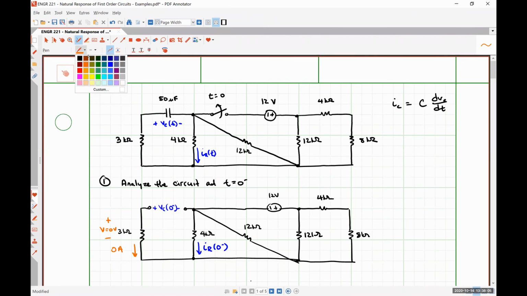So I can express VC at 0 minus as the voltage drop over the 4 kilo ohm resistor with a negative polarity on top, positive polarity on bottom, just using Ohm's law.